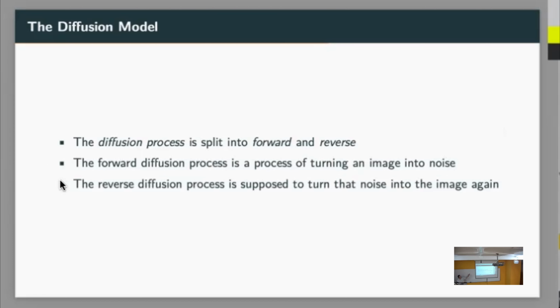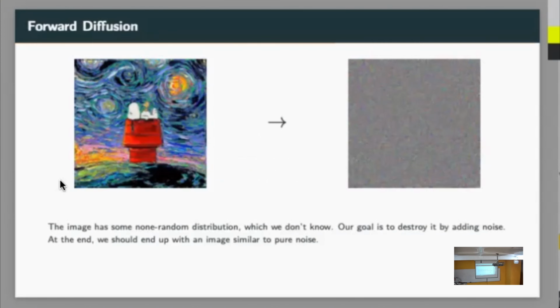And so we have the forward diffusion and reverse diffusion. And this is the principle. The interesting thing about this is that the forward converts the image into noise, and the reverse builds noise into image. If we start with a good image, we want, as a result, that thing on the right. So pure noise.